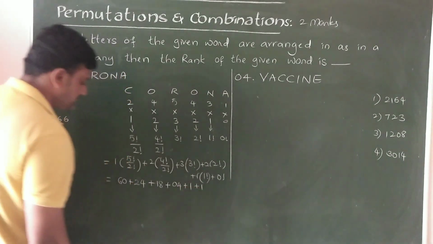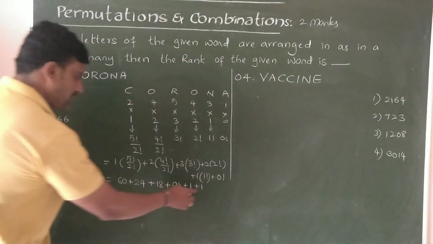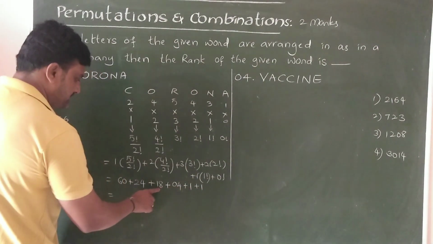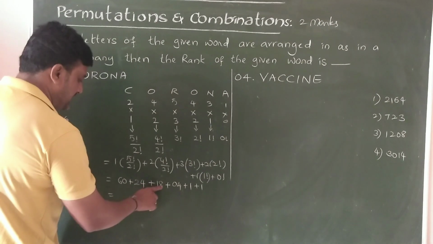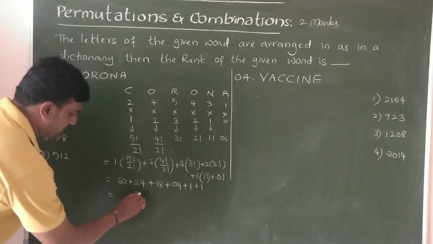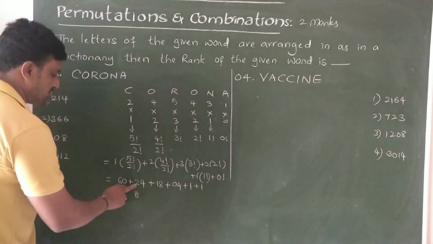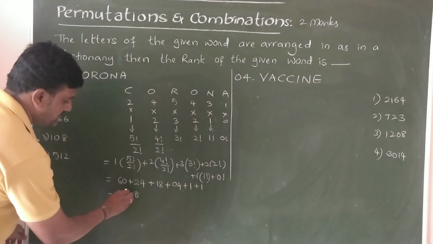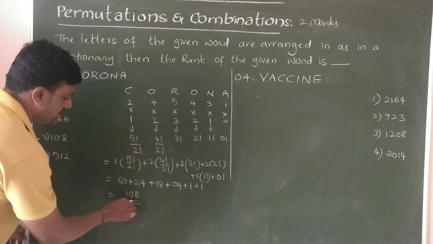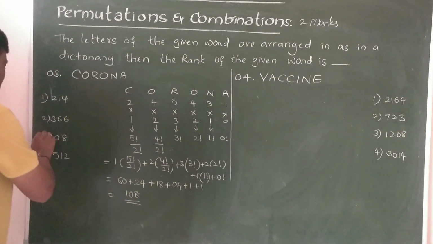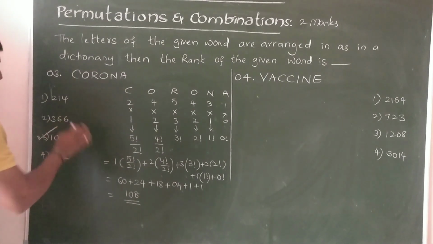Now total: 1 plus 1, 2, 2 plus 2, 4, 4 plus 6, 10, 10 plus 18. Okay. Now the rank of CORONA is 108, that is the third option.